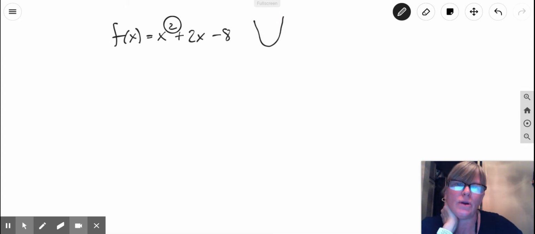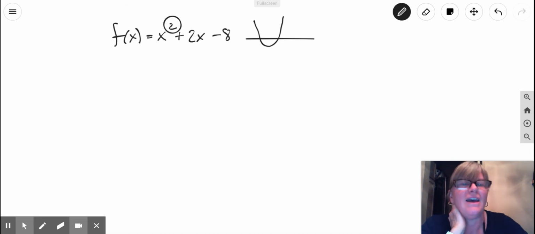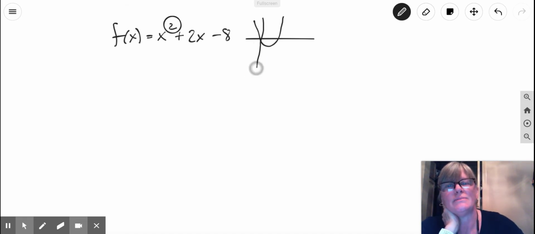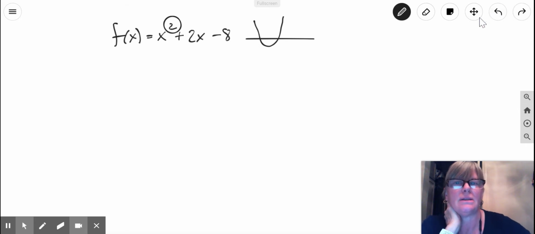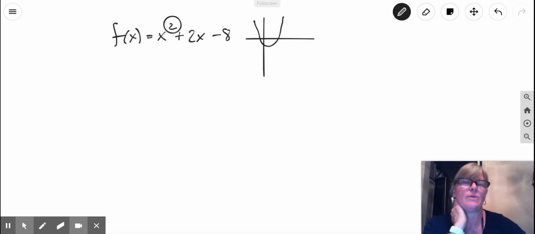And I can find where it crosses the x-axis by doing this, by ABC. And I know where the y-axis is by doing whatever. I know that's a really bad y-axis. I'll take that off. Okay, let's say it goes like this. There, I can find the axis of symmetry. I know what the max is, I know what the min is. You're going to know all these pieces and you're going to be able to graph it.